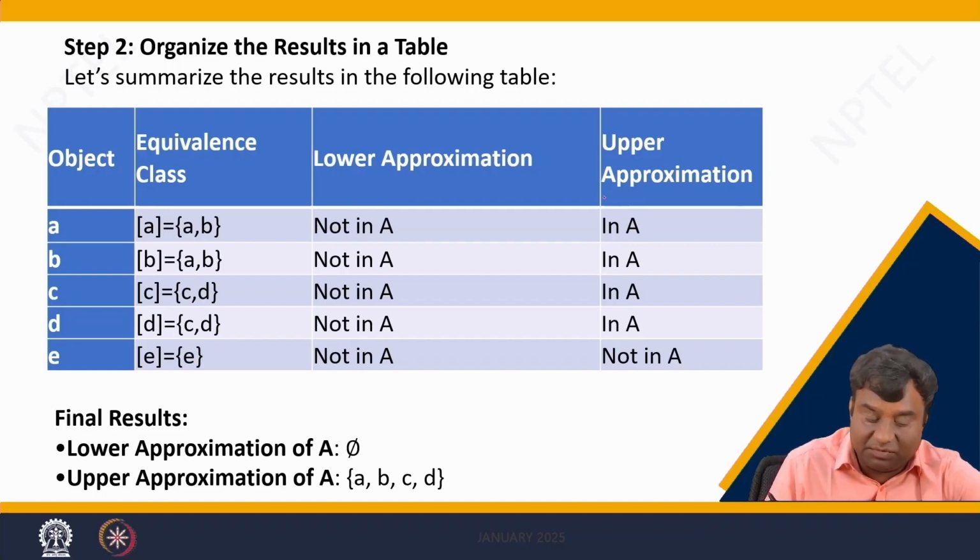But in the upper approximation, as the set A is A and C, we take the intersections.